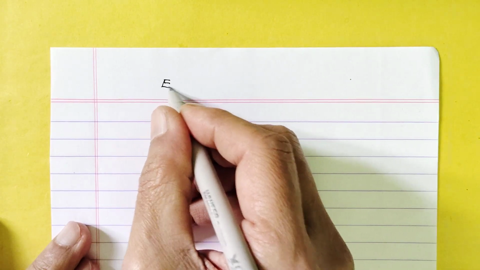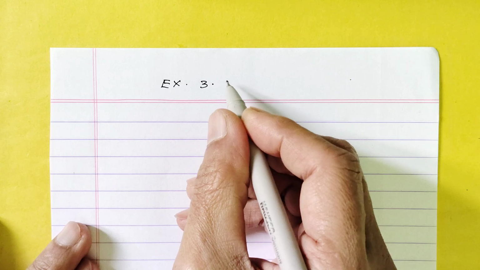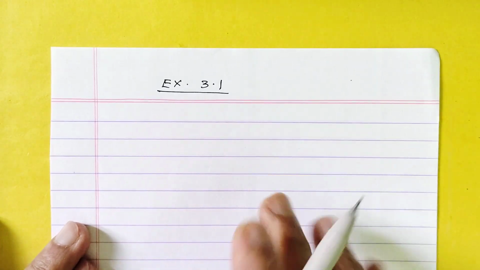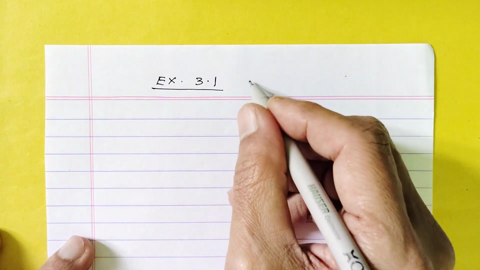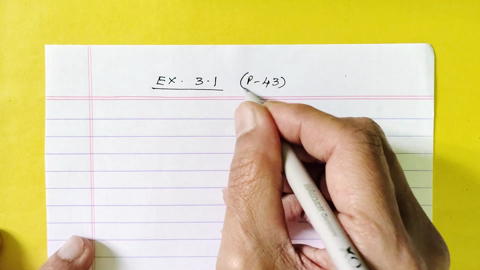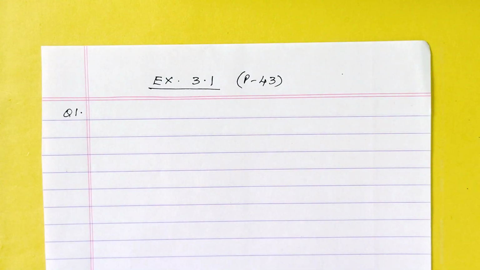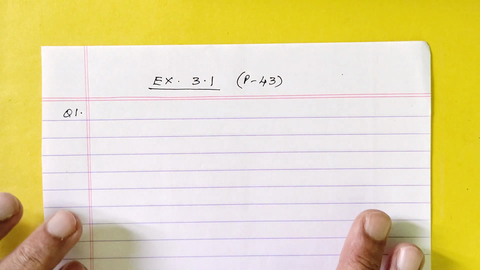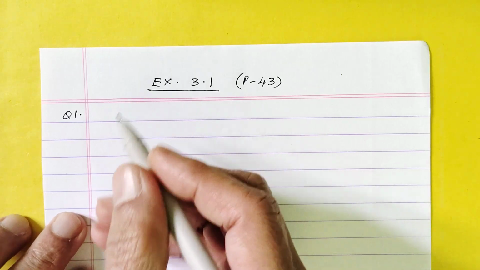Exercise 3.1, page number 43. So we'll solve the first question. For 2 bags he is receiving 15 ingots.